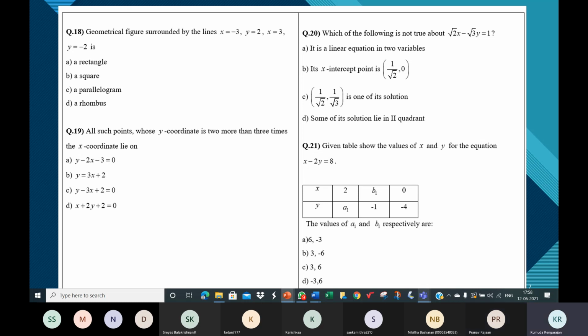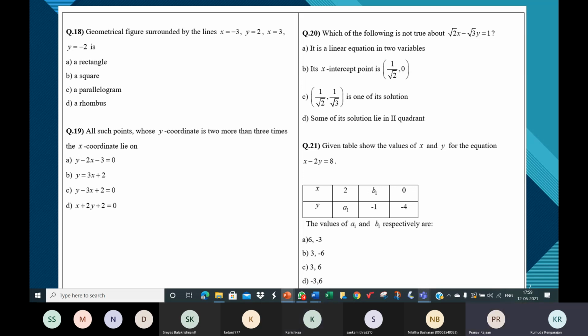Somebody else try y is equal to 2 and y is equal to -2. Yes, y is equal to 2 is a line. Ma'am, can I say, ma'am? Yeah, tell me.